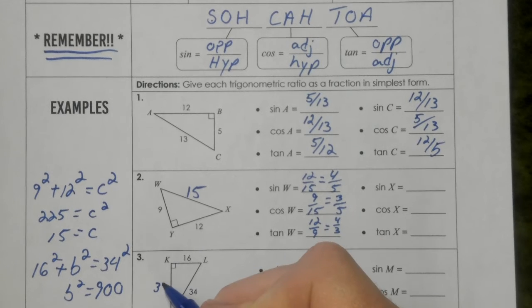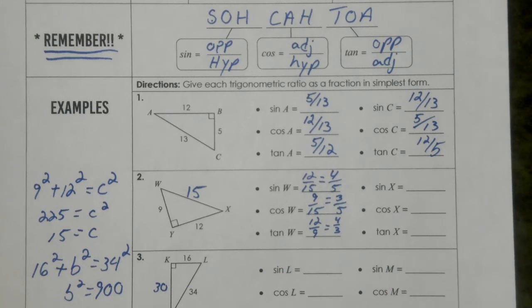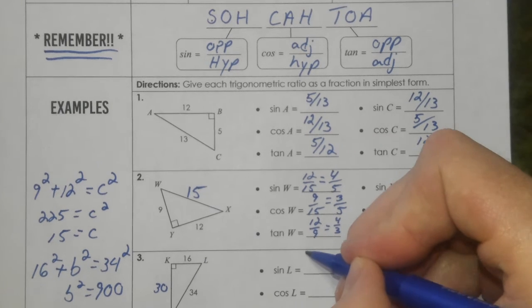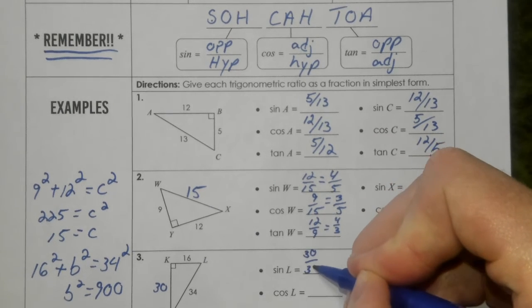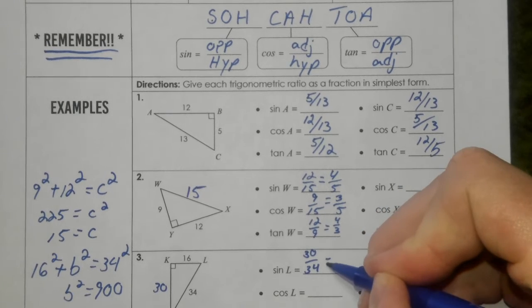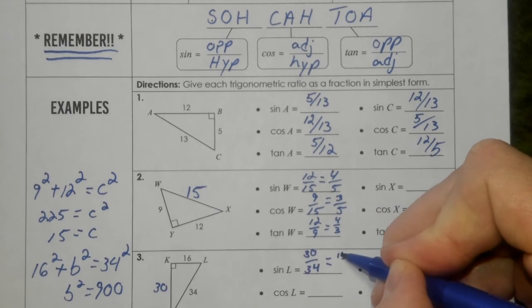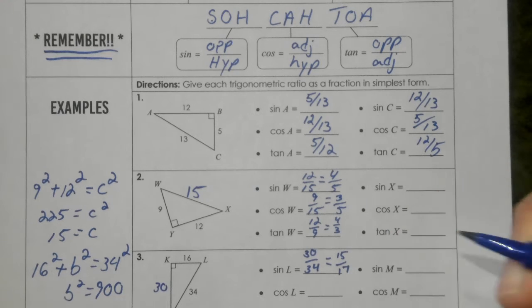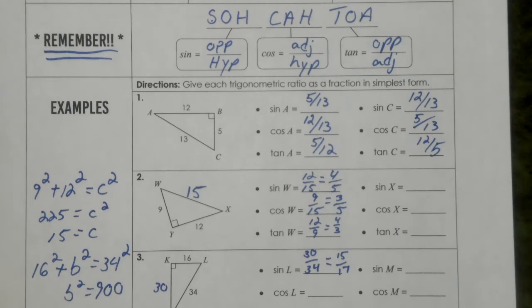So this leg is 30. Then we just look at these the same way. So the sine of L is going to be opposite over hypotenuse, so 30 over 34. That can simplify. I can divide both by 2. I get 15 over 17, and so on and so forth. Okay?